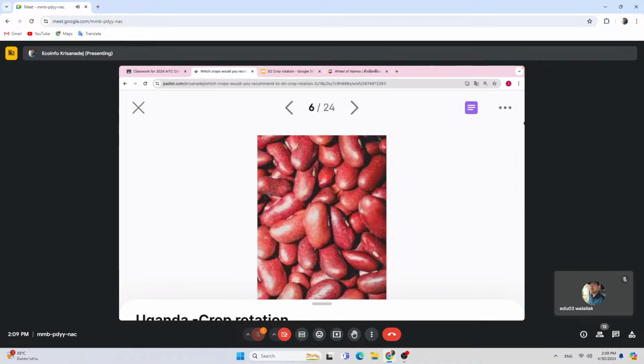But in our central and western regions, we produce a lot of food. We sell some and keep some as a staple. Most of the time, it's for consumption, not for profit.